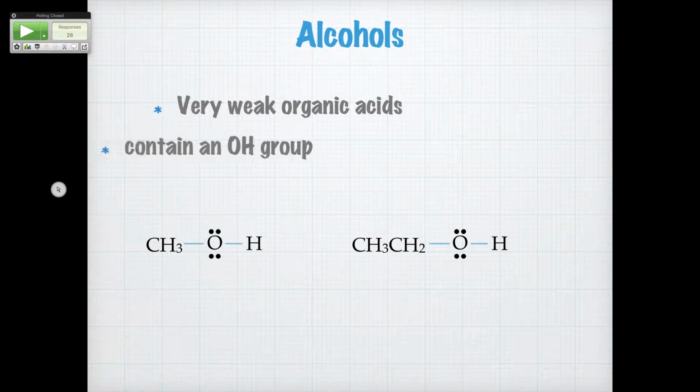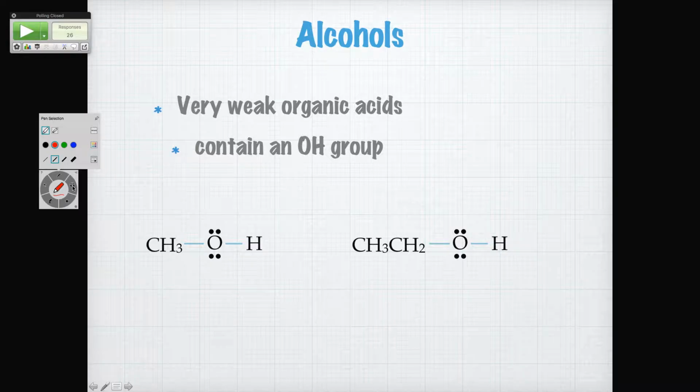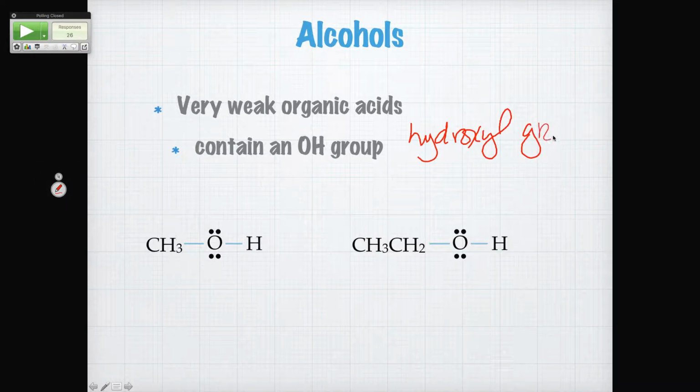Okay, here are alcohols. Alcohols contain an OH group. The OH group is referred to as a hydroxyl group. I should have said the other thing was called a carboxyl, but we're going to do it again, so it's okay. Okay, alcohols also have an OH polar bond, don't they?